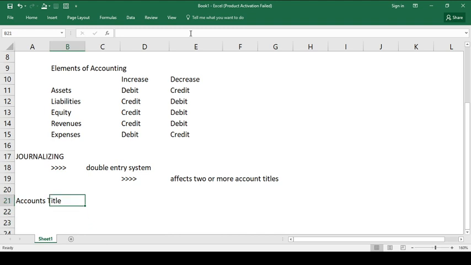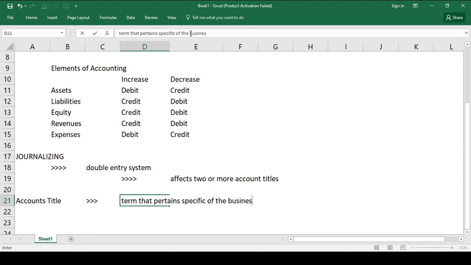Account title refers to the term that pertains to a specific item of the business. That's how I define it.